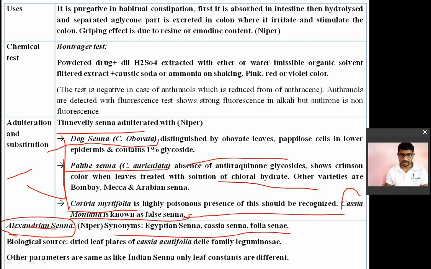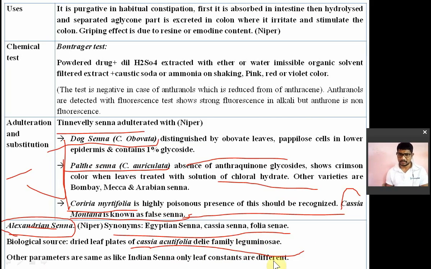The biological source is Cassia acutifolia. The original Tinnevelly Senna is called Cassia angustifolia, and Alexandrian Senna is known as Cassia acutifolia, family Leguminosae. Other parameters are similar to Tinnevelly Senna, only the leaf constants are different.